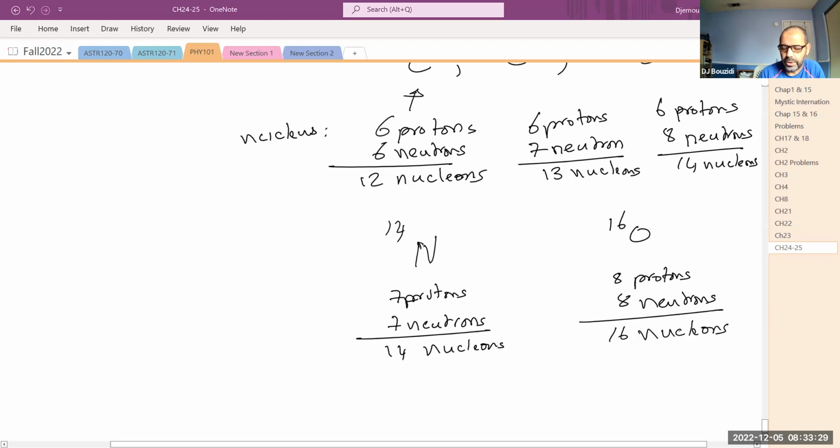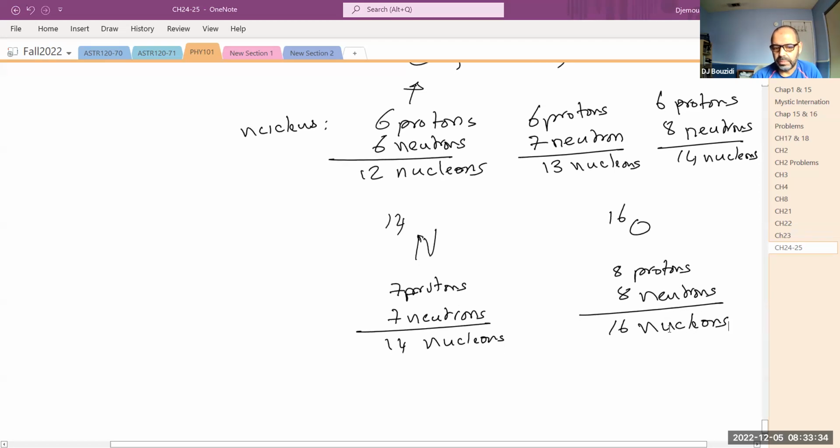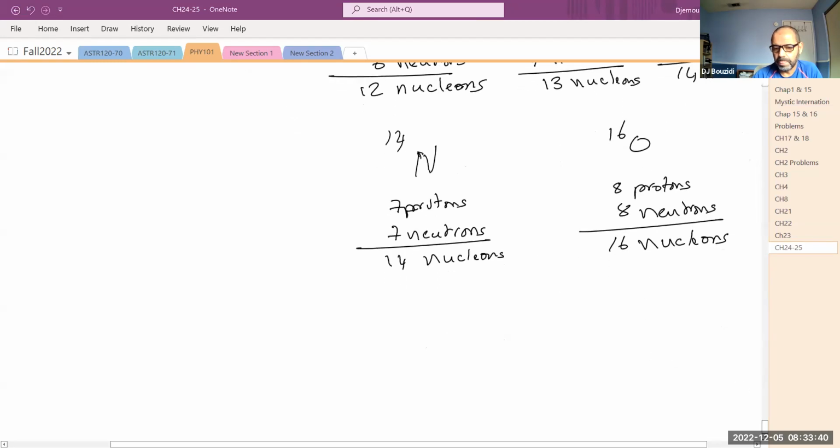If you look at another isotope, for example, of oxygen, oxygen 15, or nitrogen 15. So in this case, oxygen 15 weighs the same thing as nitrogen 15, but they are two different isotopes of the same elements.